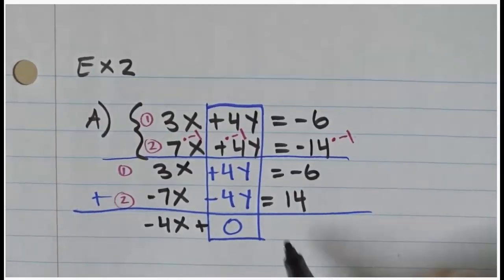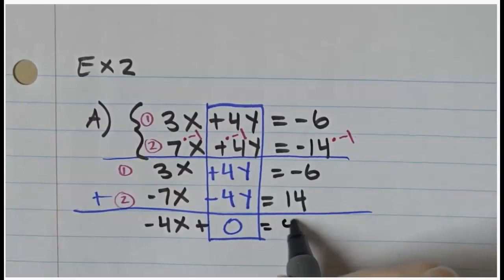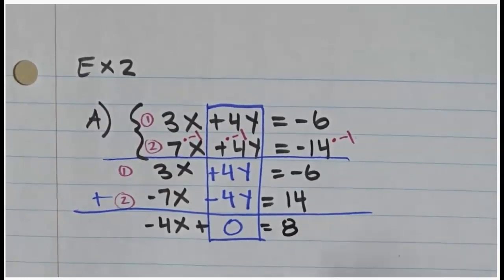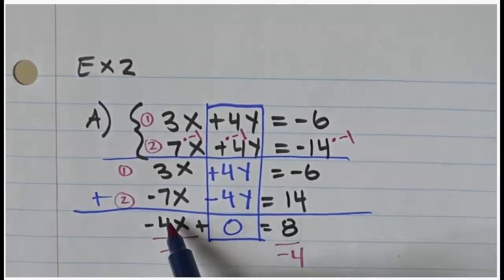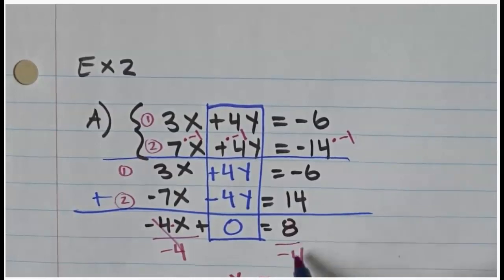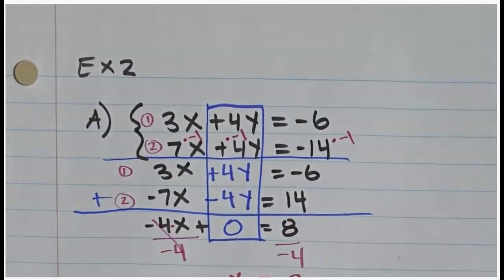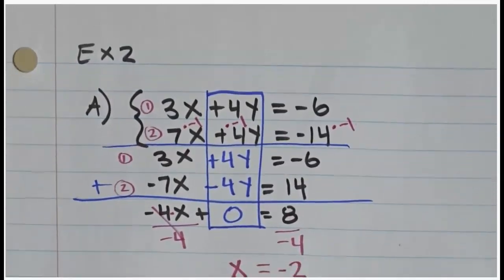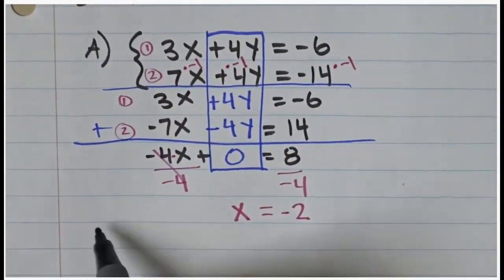Negative 6 plus 14 gives me 8. Now I only have x's in my equation. Focus on solving for x. Opposite of multiplying by negative 4 was dividing by negative 4. It gives me invisible 1x. And this gives me negative 2. So I just found my x coordinate.